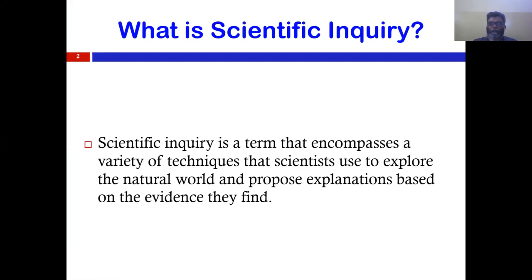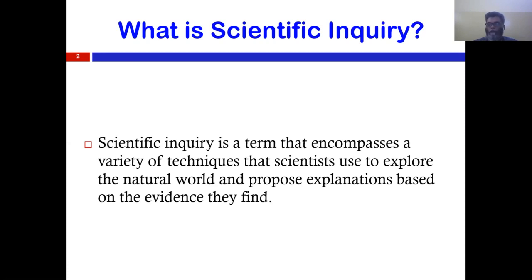So scientific inquiry is generally termed as a variety of techniques used by the scientists to explore the natural world and propose explanations based on the evidence they find. Or in other words, these are all diverse ways in which scientists study the natural world and propose explanations based on the evidence derived from their work.